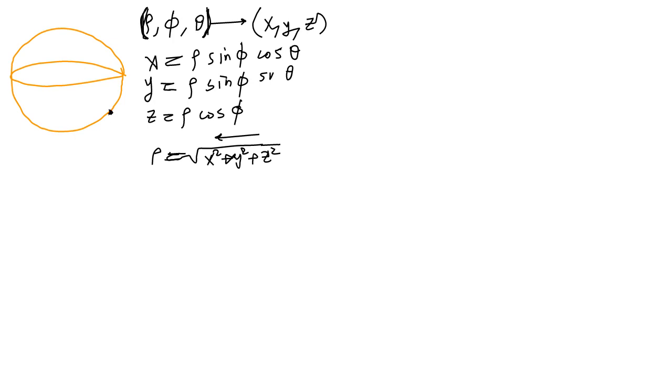If this is the point, this is rho. Now, what about phi? Phi is the angle with the positive z-axis. So if this is the positive z-axis, this is phi.